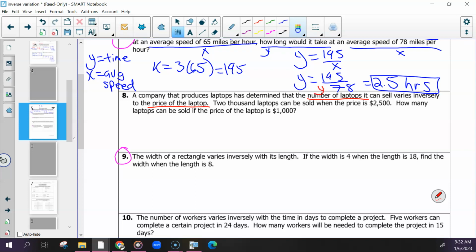So, the number of laptops is our y, price is our x. $2,000 laptops, so that would be our number that can be sold when the price is $2,500. Use those numbers to find your k, multiply them together. It's going to be some big number because we're in the thousands.